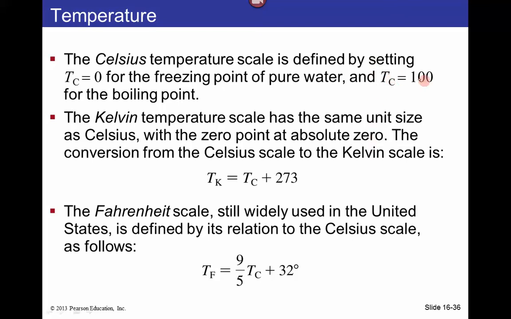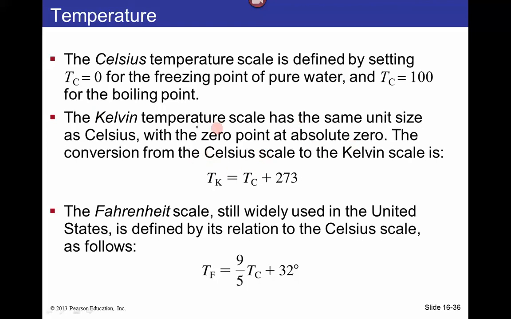The only thing that changes is where you put your zero. For the Celsius, the zero is at the freezing point of pure water. That would be your 0 degrees, and your 100 degrees is the boiling point. For the Kelvin, you just add 273 and then you get the Kelvin scale. So the 273 would be the freezing point of water.